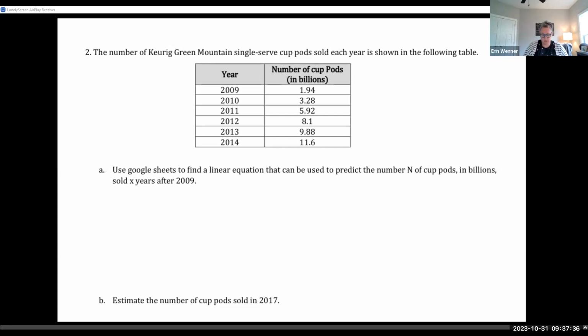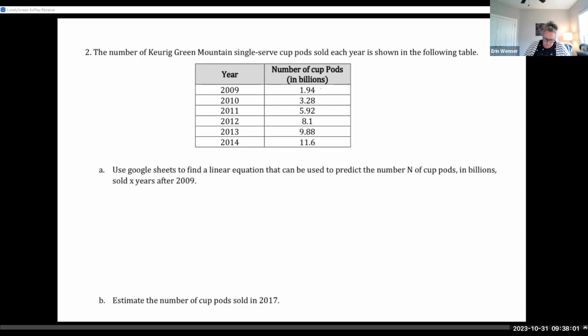And so it went from 1.94 billion up to 11.6 billion in 2014. I get that that's almost 10 years ago, but that's what I have the data for. So it says use Google Sheets to find a linear equation that can be used to predict the number n of cup pods in billions sold x years after 2009.